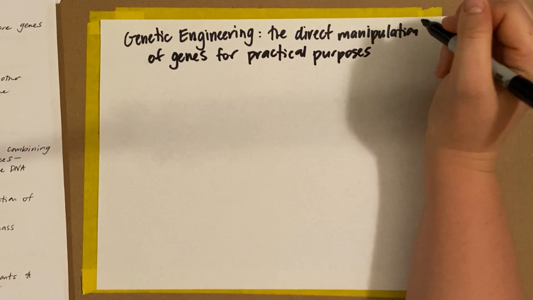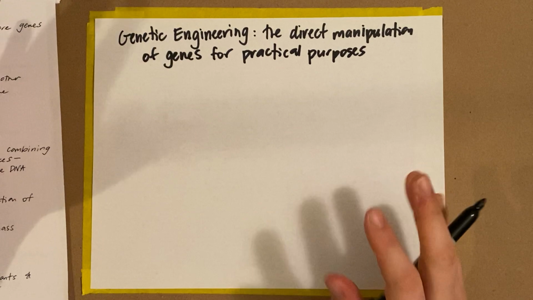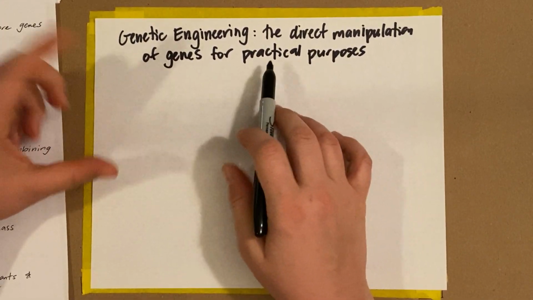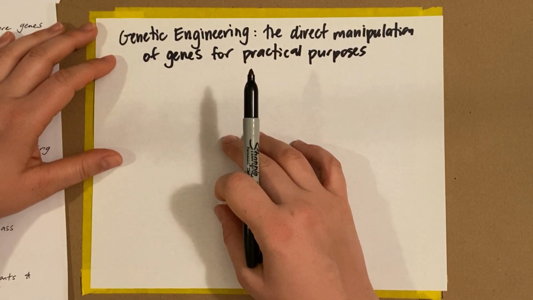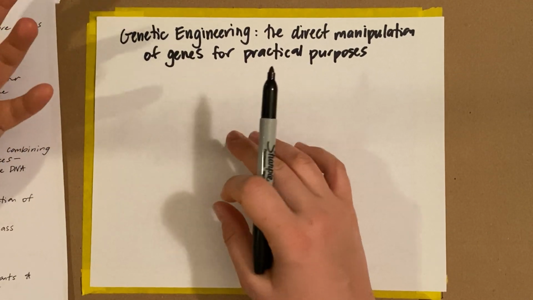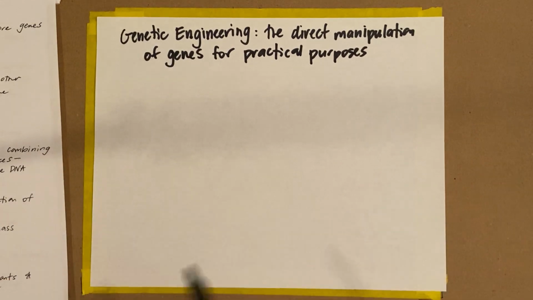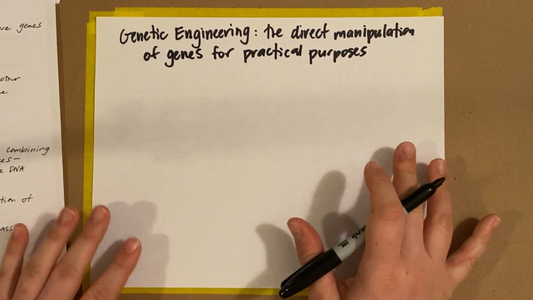Let me just say that there is also going to be some type of genetic engineering that's not necessarily practical. For example, fluorescent genes from jellyfish have been inserted into fish, and you can buy these fish and they glow in the dark. That doesn't really have any practical purpose other than making people happy and want to own them. But the stuff that we're going to talk about today is going to be for practical purposes.